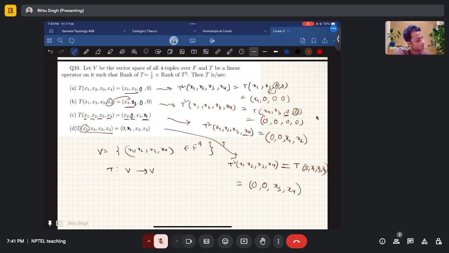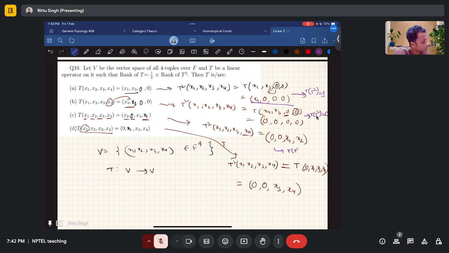Now let us see what are the ranks of T square. You can see that here, rank of T square is 1 because it is generated by the standard element E1. Similarly, it is 0, so rank of T square is 0.